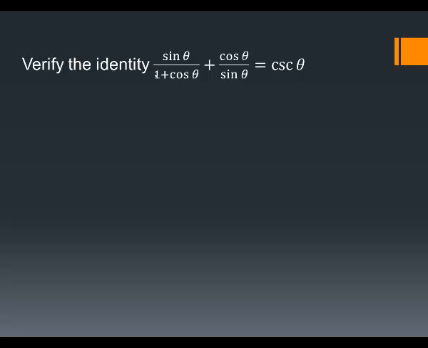So how do we simplify this? Well, let's take one side at a time. So we're going to take this side and we're going to start it out. Okay? Well, we need to rationalize these bottom parts. How do we rationalize these bottom parts? Well, we take sine theta over 1 plus cosine theta, and we're going to multiply that by sine over sine.